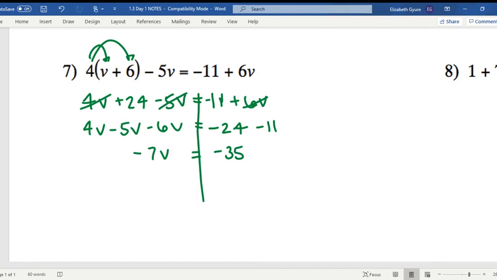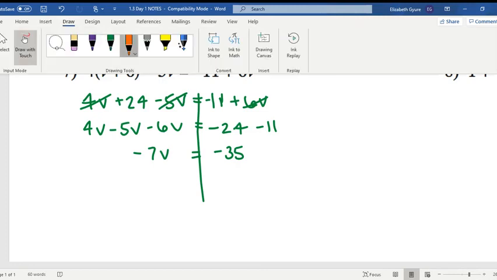And then, Bailey, what do I do last? Yeah, what should I do with this negative 7? Yeah, okay, I got to get rid of it, right? So what's the opposite? The opposite of multiplying.